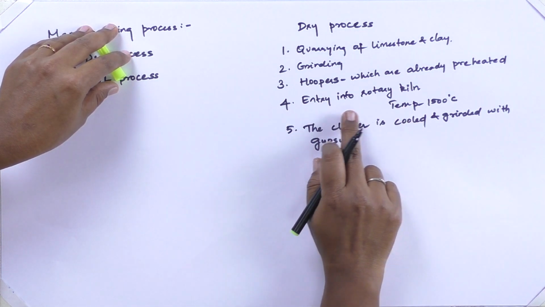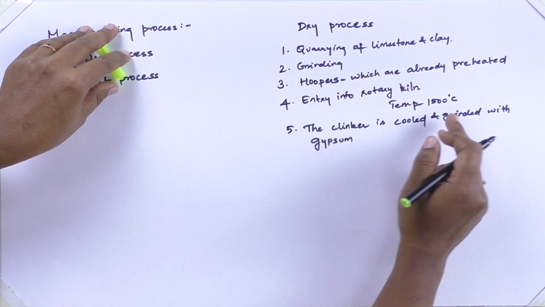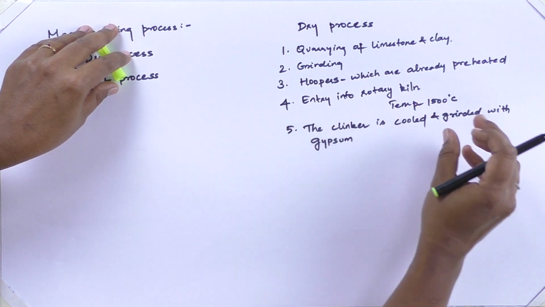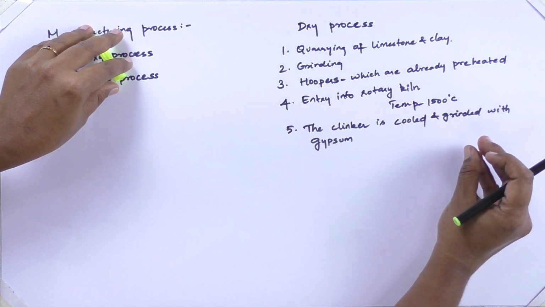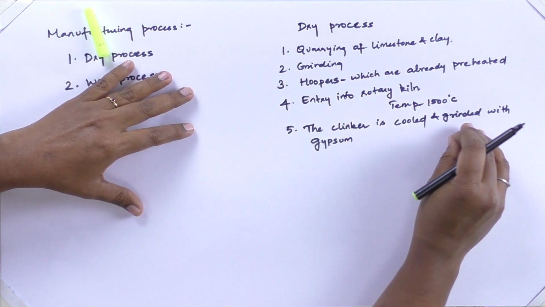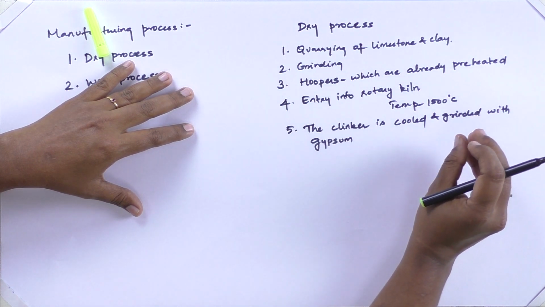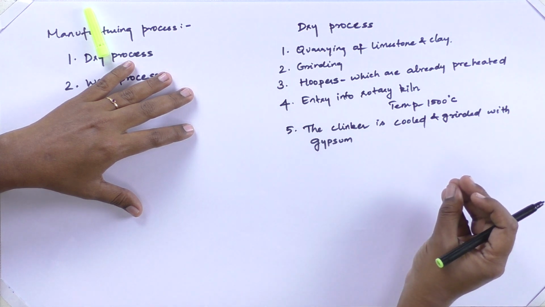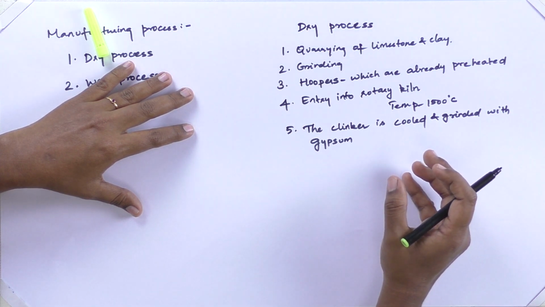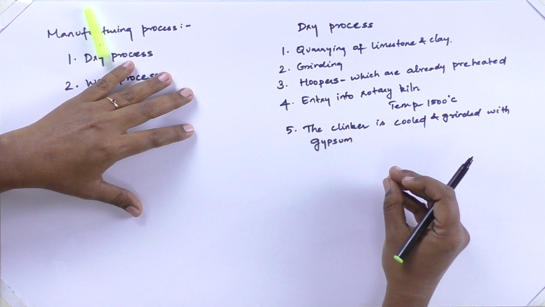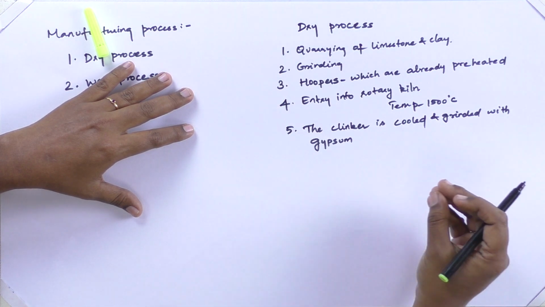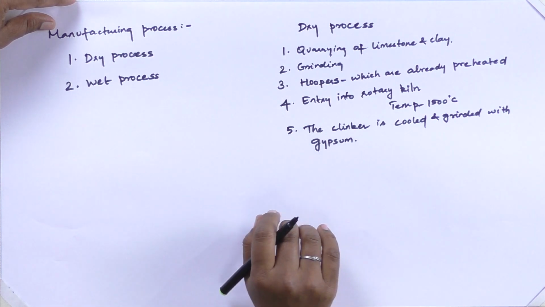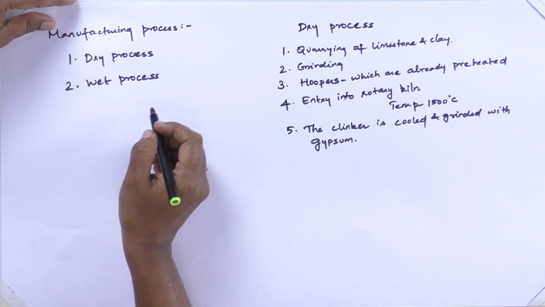At the end of the rotary kiln, these materials come out in the form of clinkers, that is, small ball-sized particles. After cooling the clinkers, they are again ground with gypsum, stored in silos and packed. Now let's discuss the wet process.